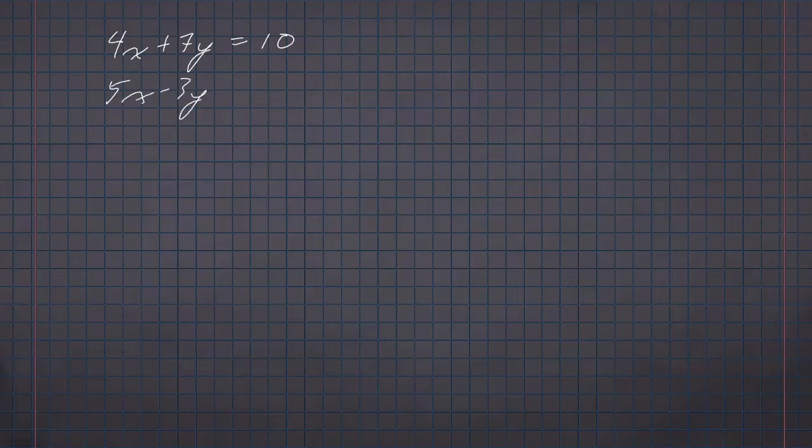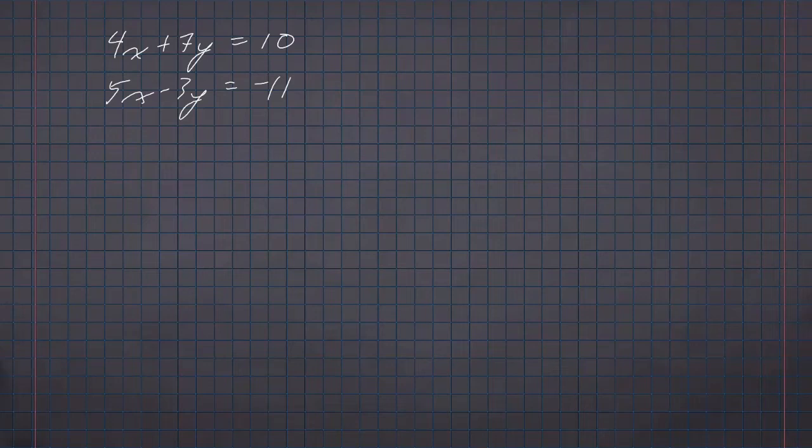Let's take a look at 4x plus 7y equals 10, and 5x minus 3y equals negative 11.